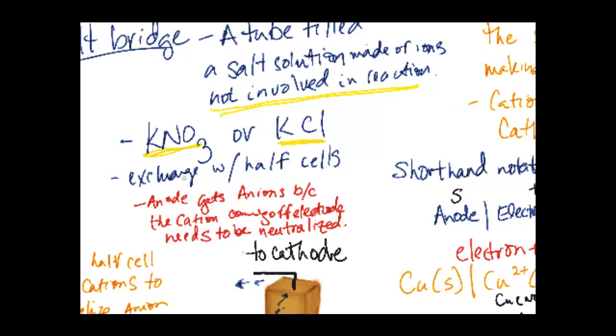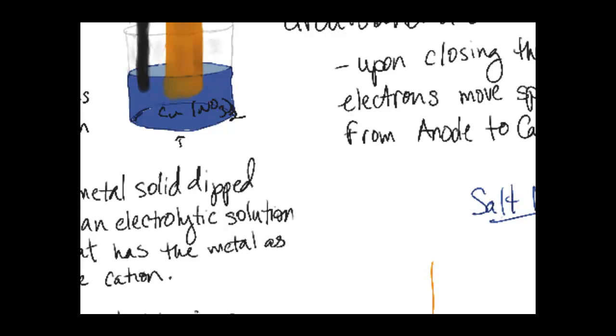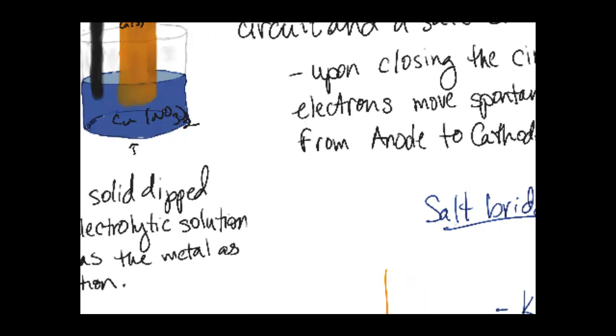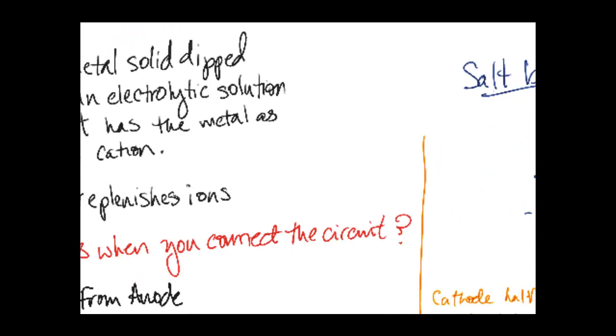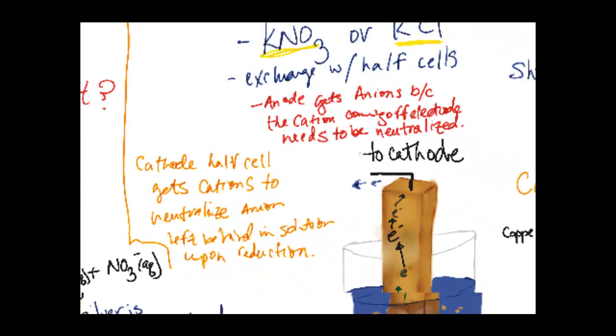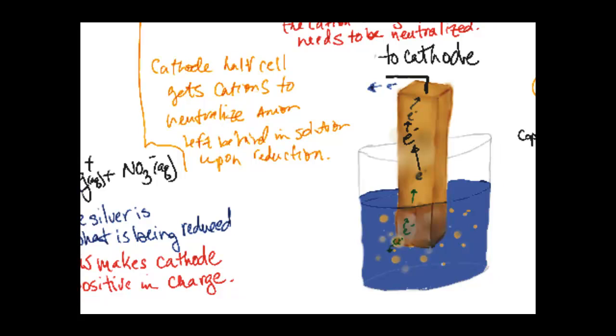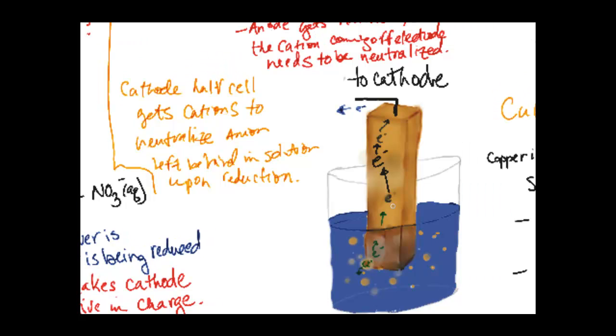So what happens is you exchange with the half cells. Anode, you're going to need anions in the solution of your anode here, because what's going to happen is when oxidation takes place, the electrons are left behind on the copper wire. And the copper literally comes off the bar into the solution.